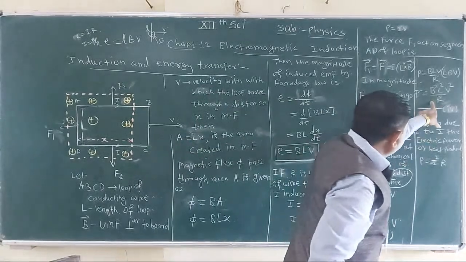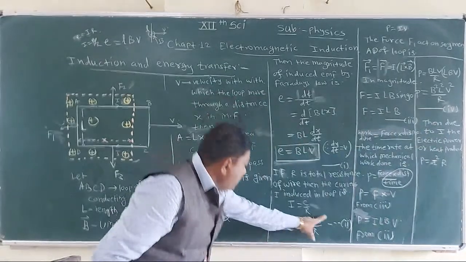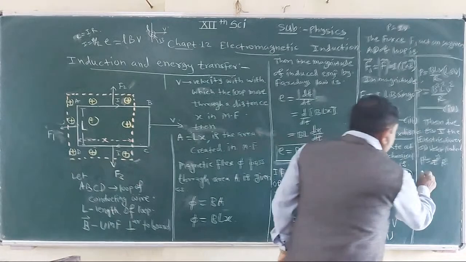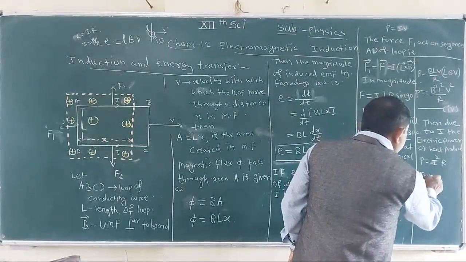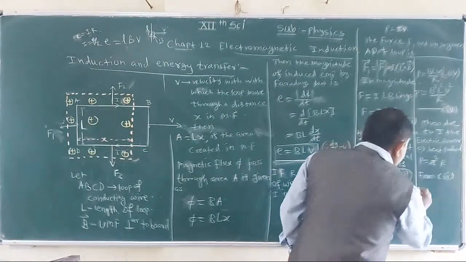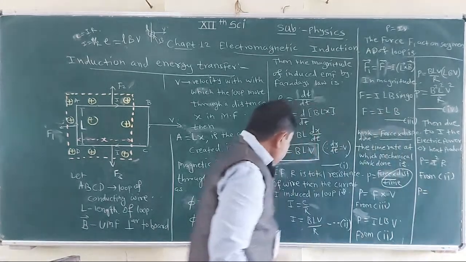Now from equation 2, P is equal to, what is I square?